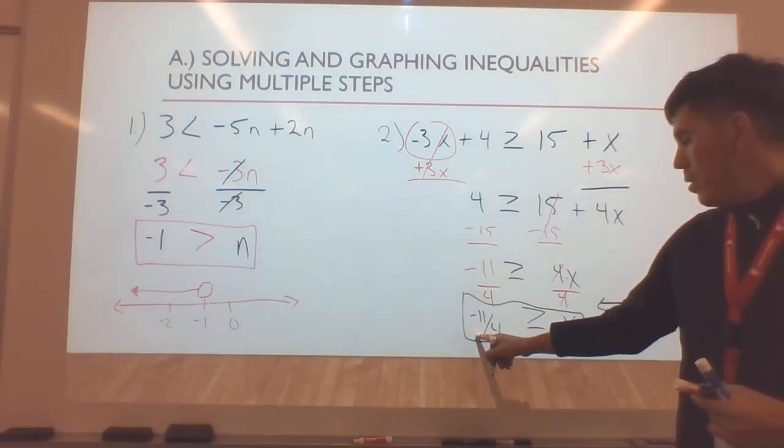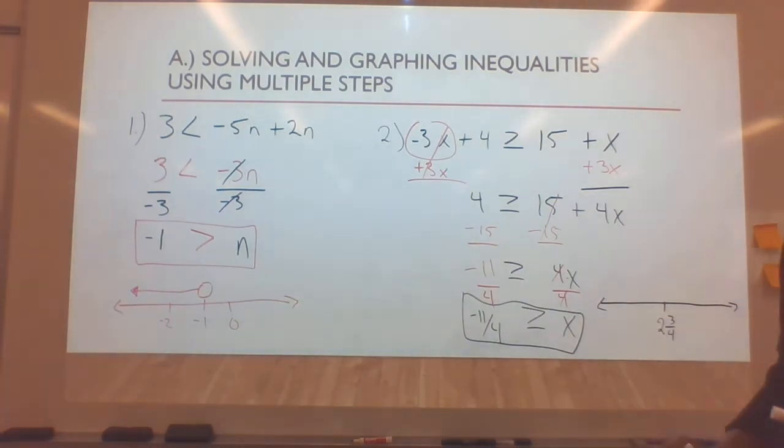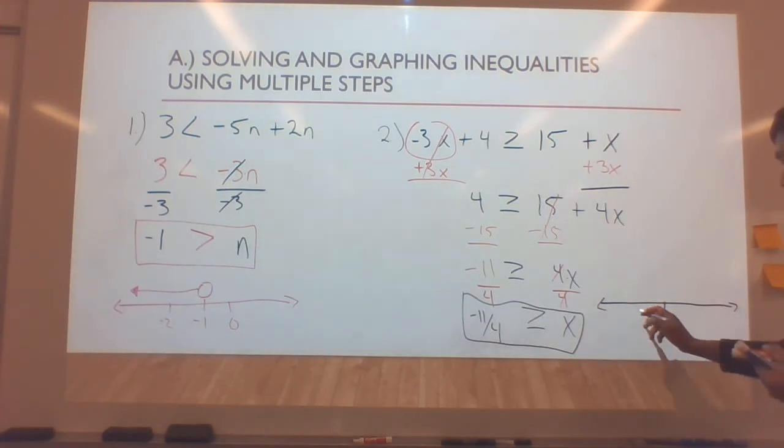Two times with 3/4. So 2 3/4. Now you can convert 2 3/4 into a decimal using the calculator. That's going to be 2.75. And again, this is going to be negative. So over here we have negative 3. Over here we have negative 2.